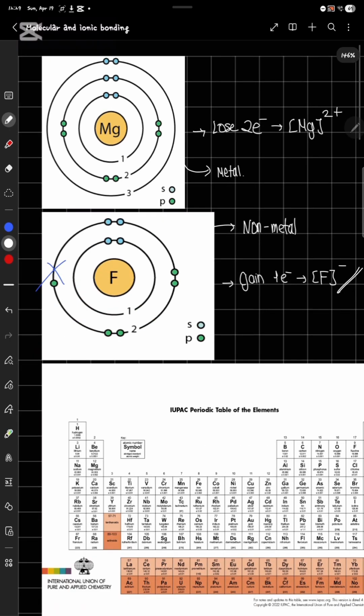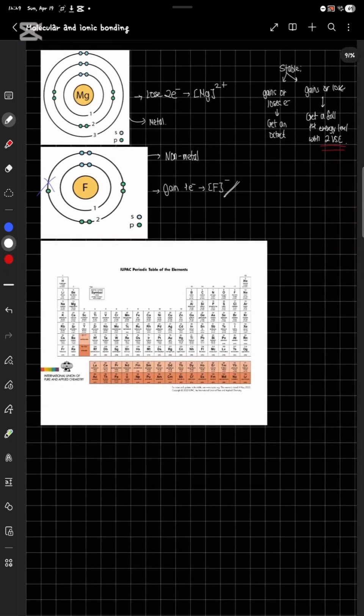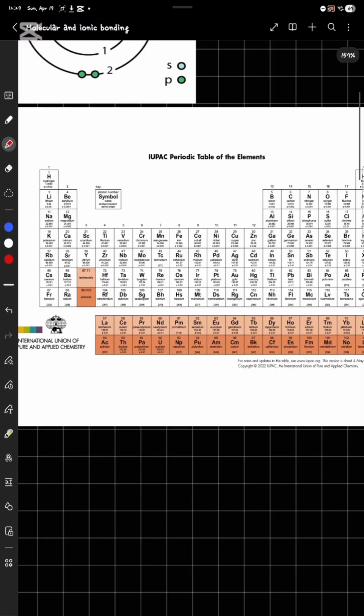Okay, that's the main difference. And from here, we can come to a conclusion that nonmetals actually gain electrons and have a negative charge, and metals lose electrons and gain a positive charge. Okay, that is the essential thing you want to know.